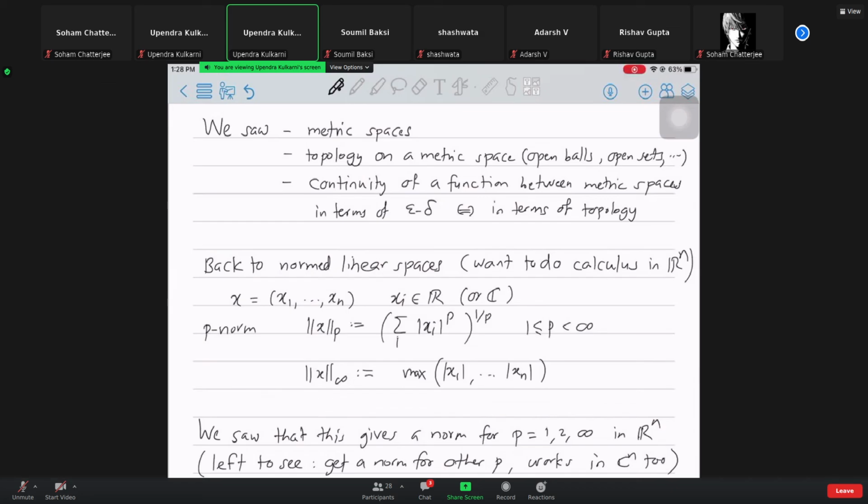I was talking about the compactness definition: instead of taking a finite subcover, if we allow a countable subcover or an uncountable number of subcovers.